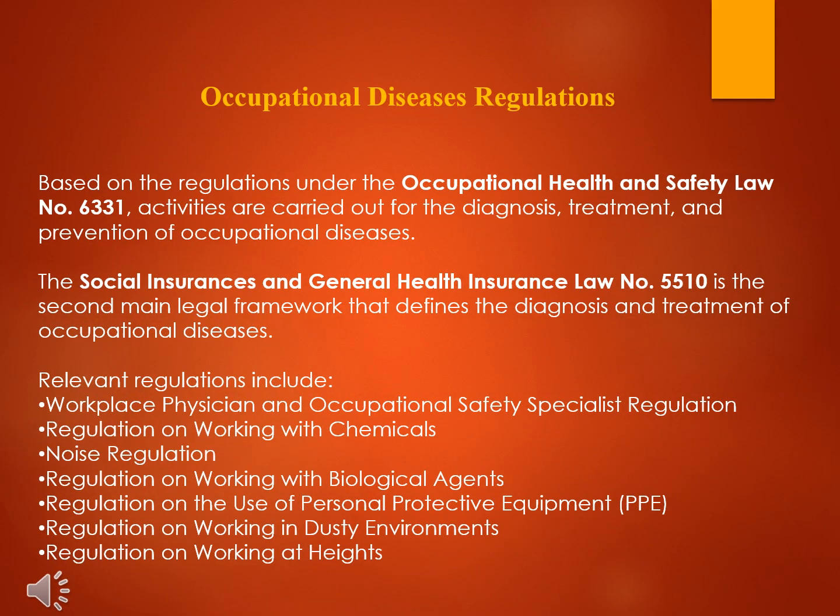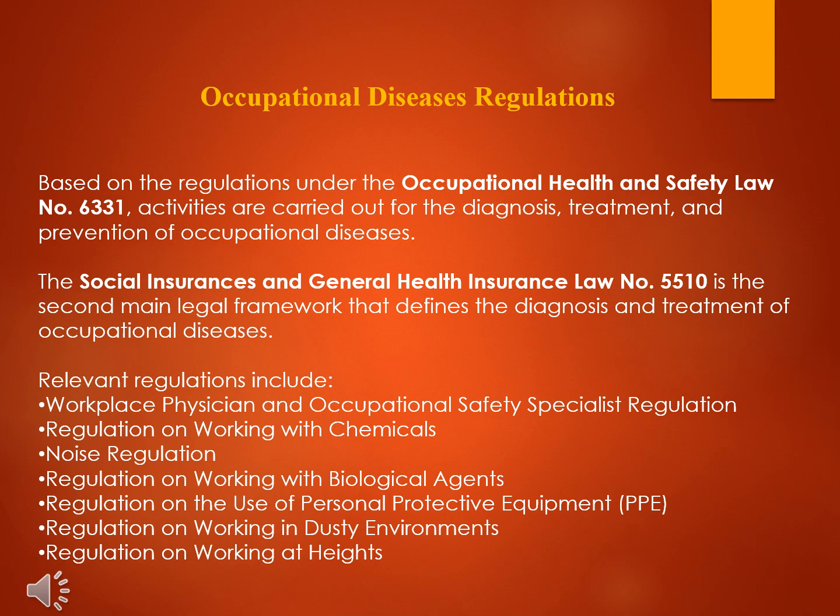The diagnosis, treatment, and prevention of occupational diseases in Turkey are guided primarily by the Occupational Health and Safety Law No. 6331 and its associated regulations. The Social Insurances and General Health Insurance Law No. 5510 also provides a legal basis for defining and managing these diseases.